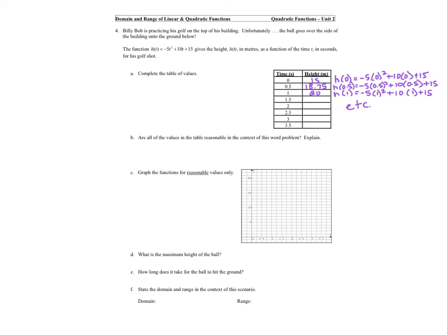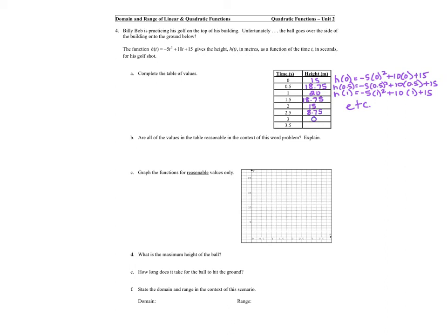So it's just substitution. If you substitute in 1.5 seconds, you get a height of 18.75. If you substitute 2 seconds in, you get a height of 15. If you substitute 2.5 seconds, you get a height of 8.75. If you substitute a time of 3 seconds, you get a height of 0.